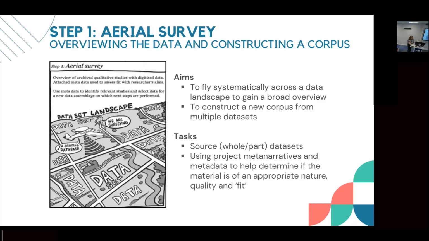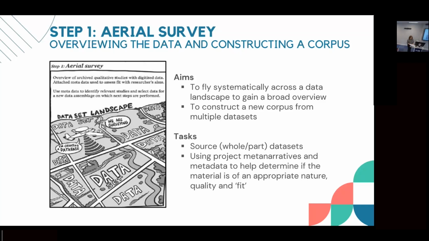And to help you do this, you use the project meta-narrative, so that's things like background information about the aims of the study, a copy of the protocol perhaps, a copy of the application, the ethical approval, and all the papers and reports that are published by the original teams. Sometimes they are housed with the data in some archives. And then you might be interested in looking at the metadata assigned to each particular file, each interview transcript, for instance, to think about whether the participant characteristics might be appropriate for your study as well.